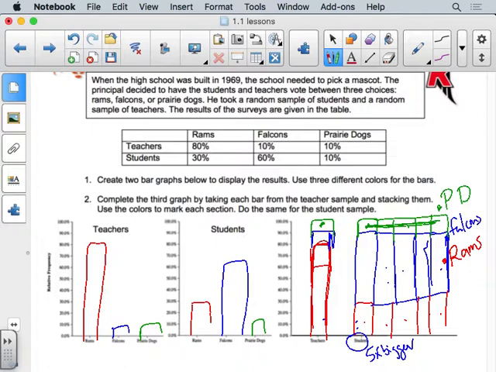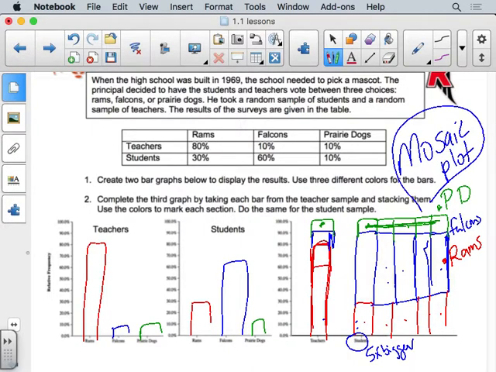So this is a special type of segmented bar graph called a mosaic plot. A mosaic plot is just a special segmented bar graph that takes into account the group size.